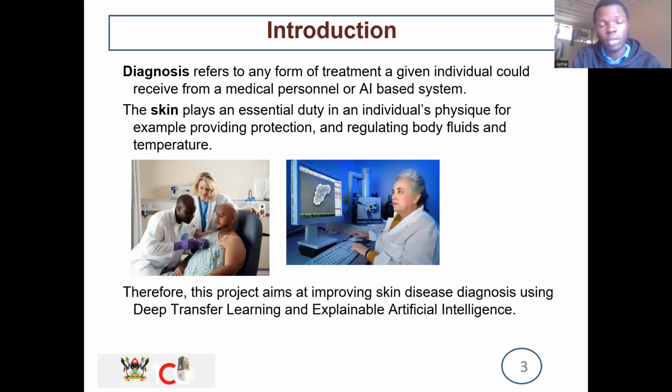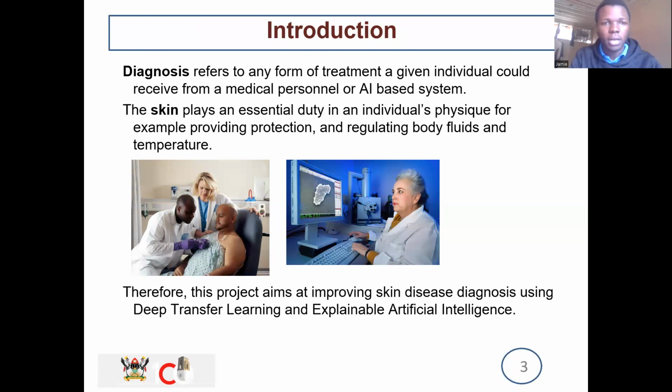Well, so this is the introduction. A diagnosis is basically any form of treatment that is given to an individual by medical personnel or any computer-based system. And in particular, here we're looking at artificial intelligence.